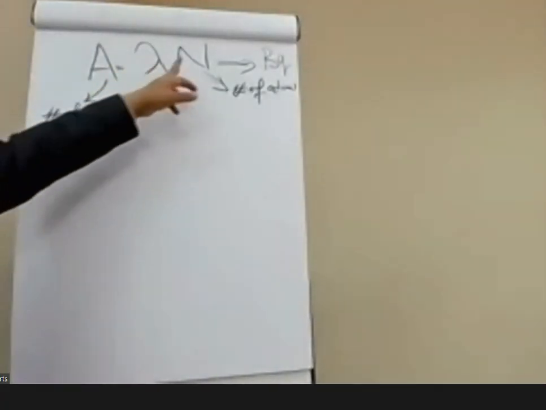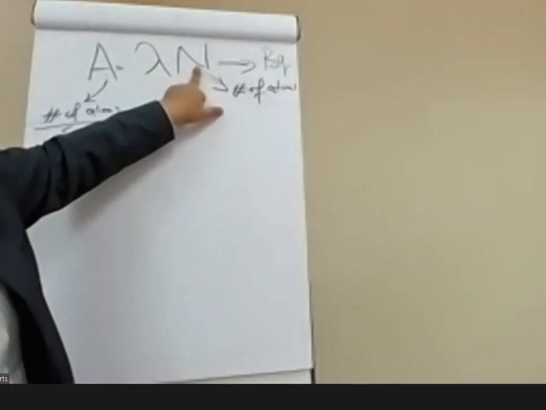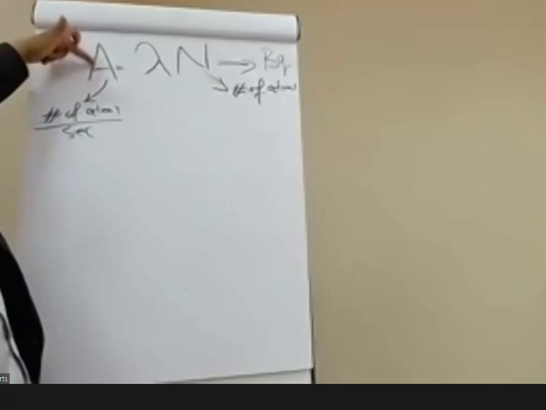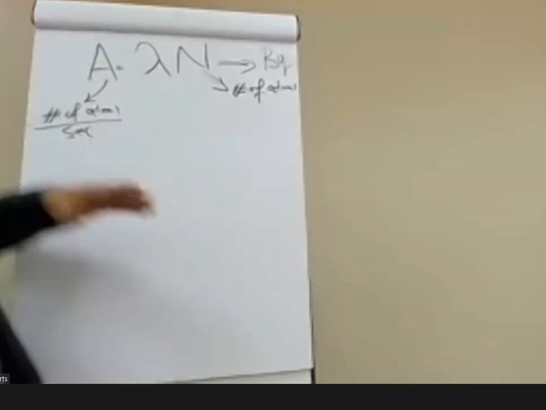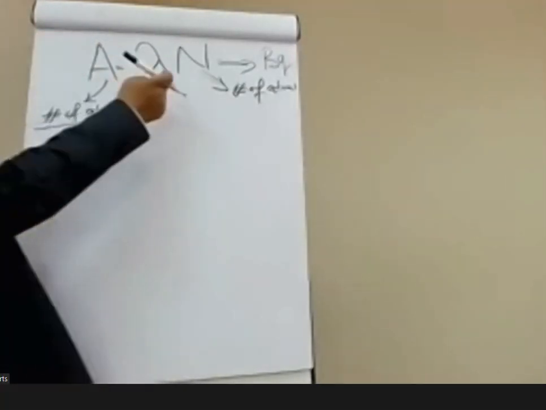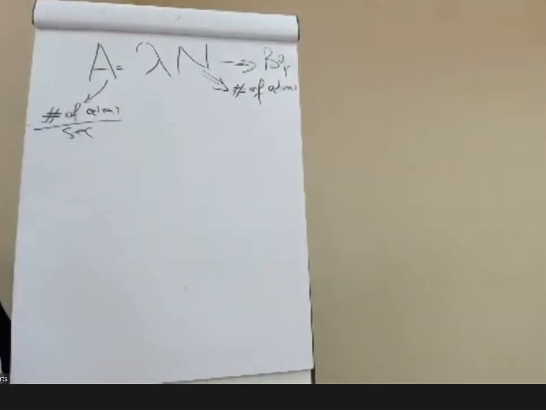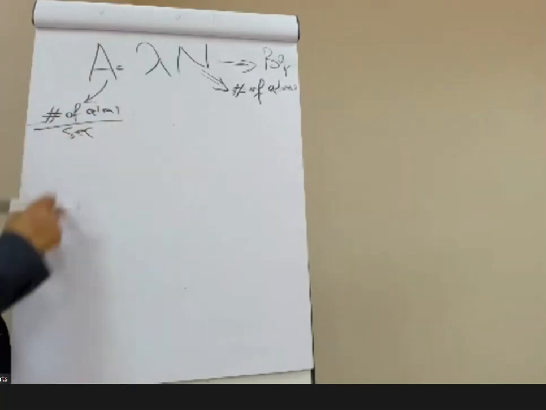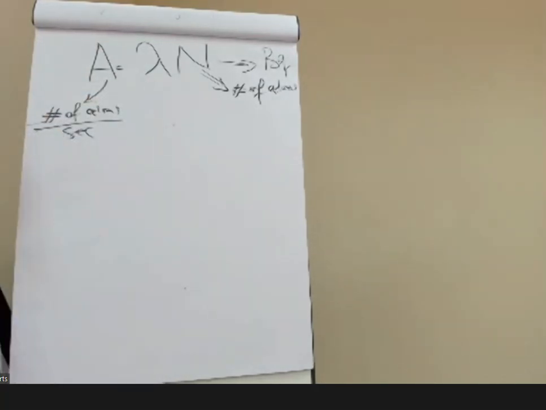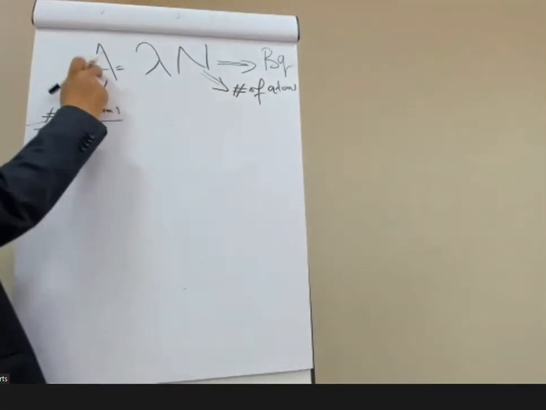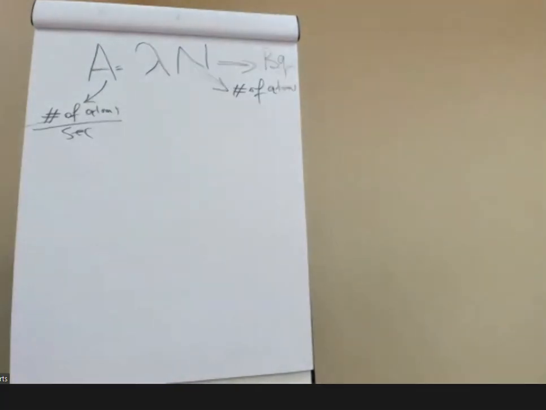So if an exam gives you this number of atoms and you calculate this, it will be in becquerel. Assume after multiplying this by this, I get 1 million. In fact, 1 million atoms decay per second. Decay per second means becquerel, so 1 million becquerel. So if I solve this, the unit will be becquerel. This is the first thing.